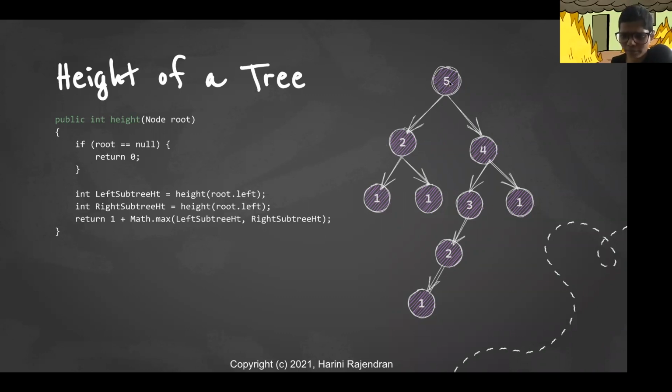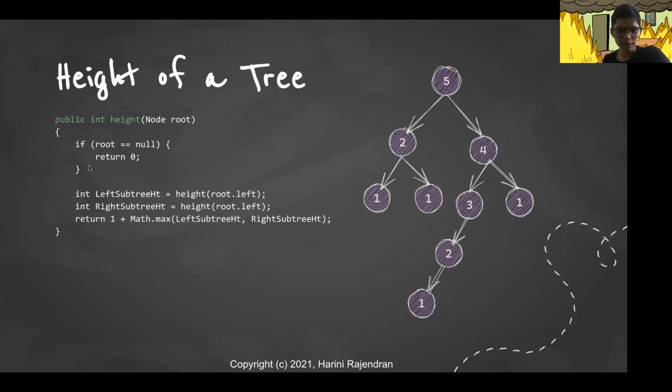For example, if you take this tree with root 5, the height of this particular subtree is 2. The height of this other subtree is 1, 2, 3, 4. So if you take the maximum value of those and add 1 to it, that would be the height of the tree, because the height of this subtree is 4. So the height of the root is 1 more than the height of this particular subtree.